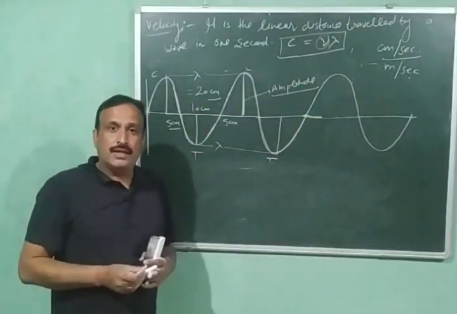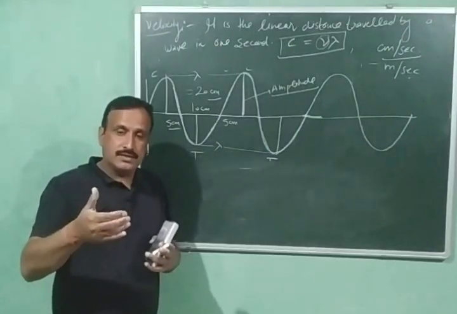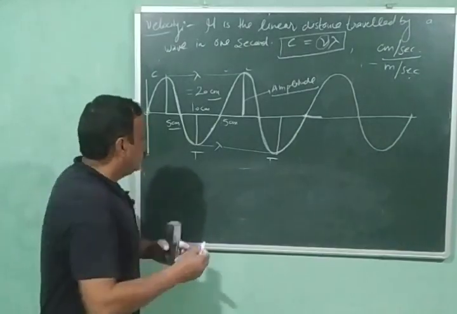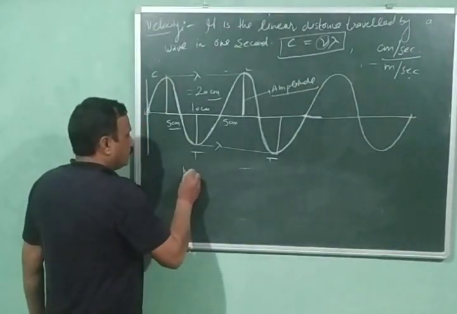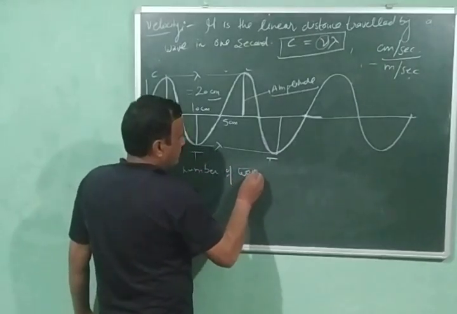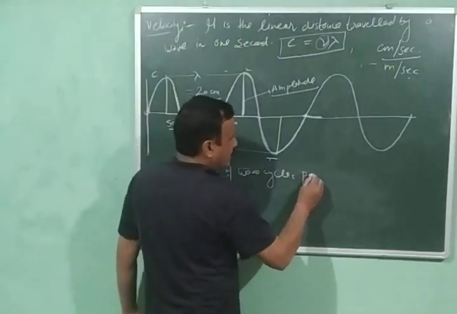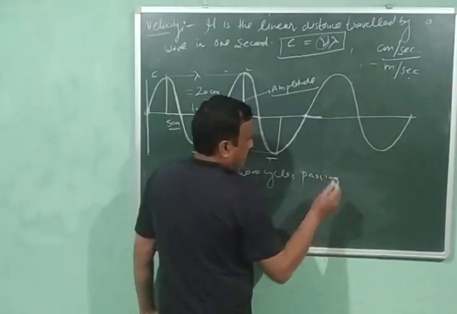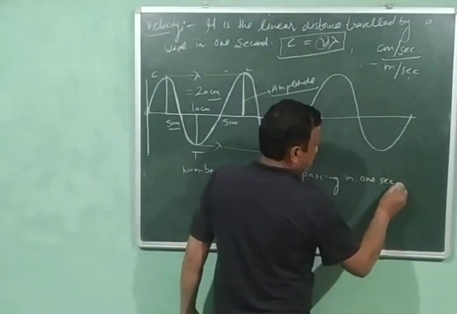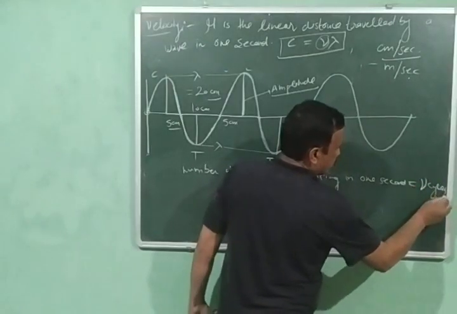Here the frequency is equal to nu. This means that the number of wave cycles passing in 1 second is equal to frequency, that is nu cycles.